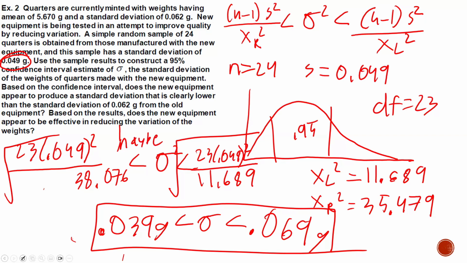I would say you can't be confident of it because of the old standard deviation. We'd be confident if this old standard deviation was totally out, to the right of this confidence interval, right? But it's inside there.